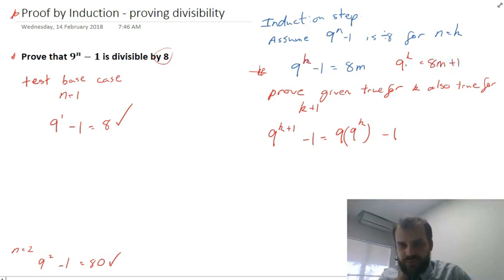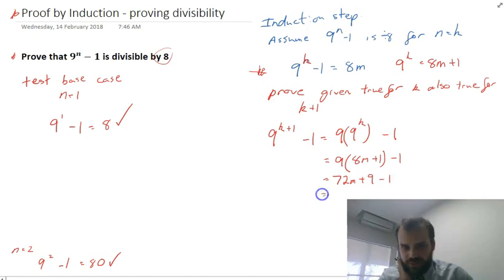Alright, so I can sub in 9 to the k equals 8m plus 1. So that's going to be equal to 9 bracket 8m plus 1 minus 1. I can expand my brackets here and get 72m plus 9 minus 1.